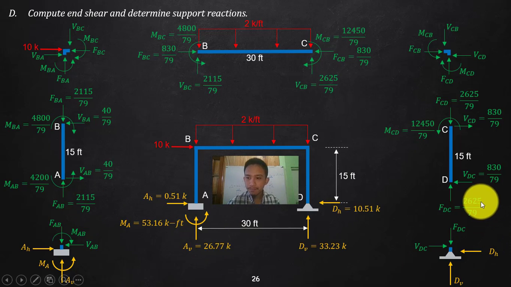And in here, there is no end moment. So shear is to the right, go to the left, that is DH, 830 over 79, in decimal 10.51. And then, of course, your axial, 2625 over 79 going down, the same as DV, in decimal 33.23. So this is your values.